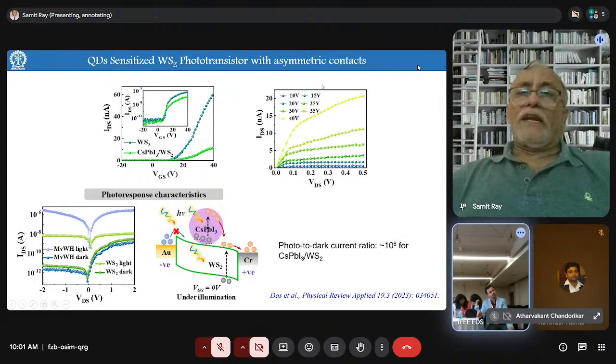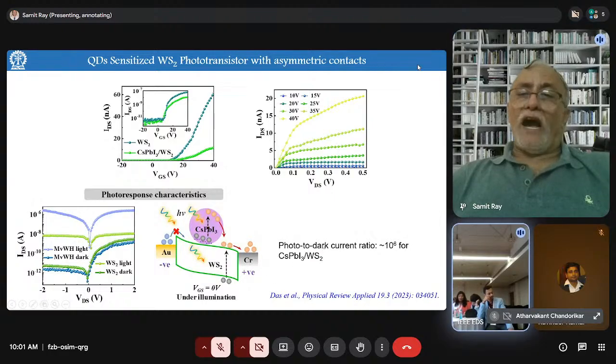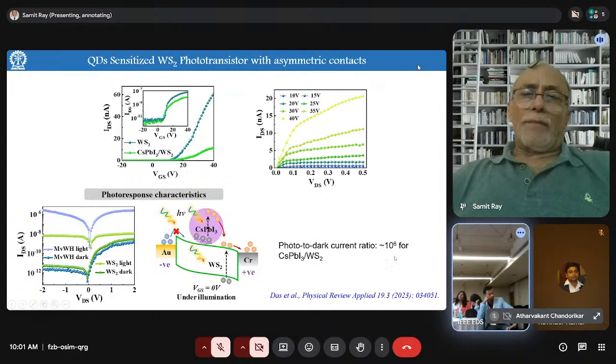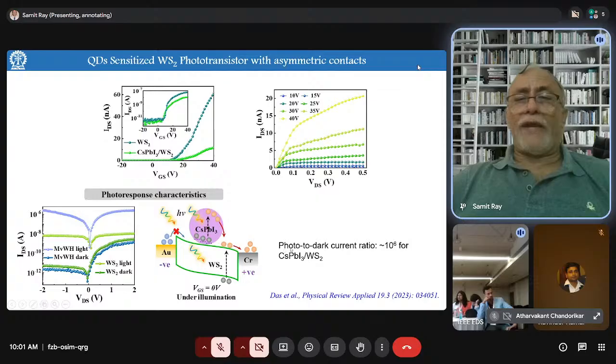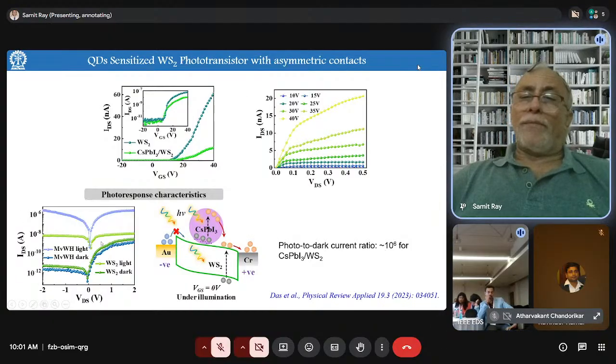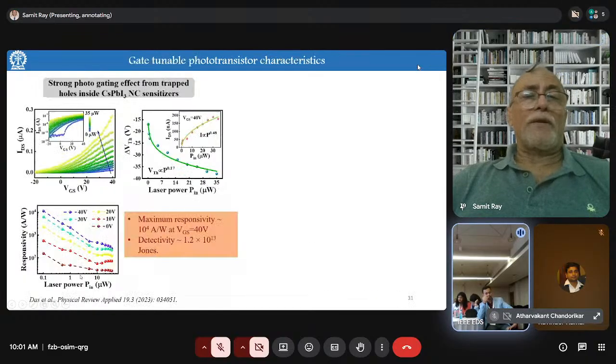So the output characteristics are excellent, and you see that compared to dark, we have a very, very high photo to dark current ratio. It is unthinkable in a solution processed material like cesium lead iodide, and WS2 is also a new material. So we get a very good interface, a high photo to dark current ratio, and the noise current is also extremely low, in the range of picoampere.